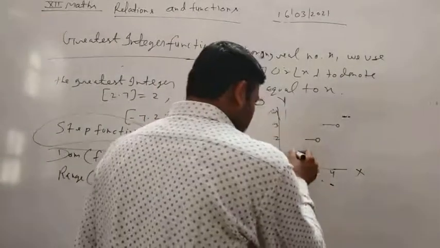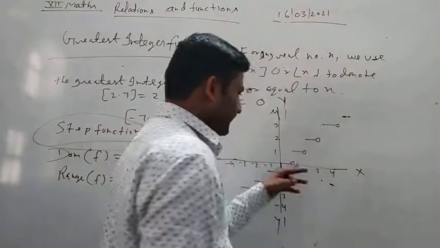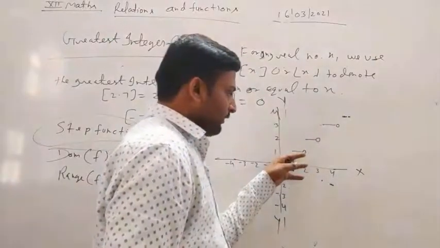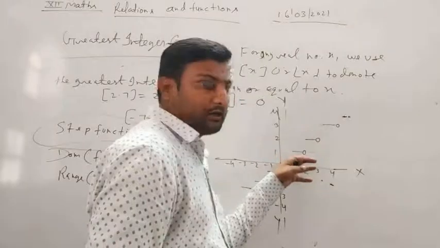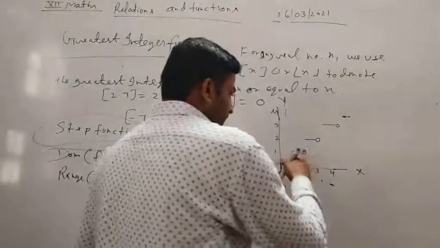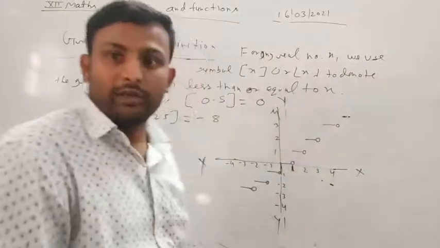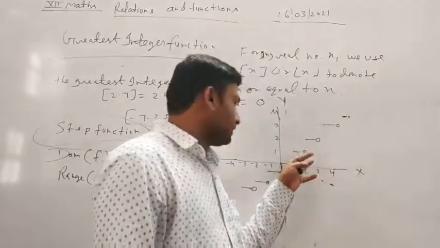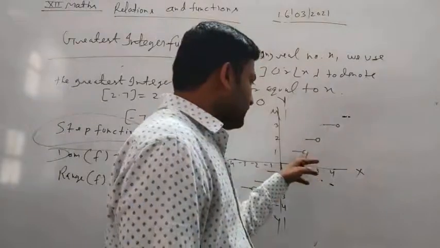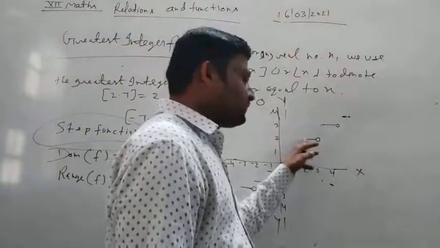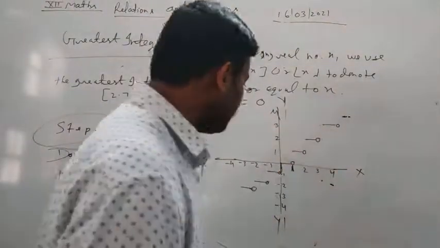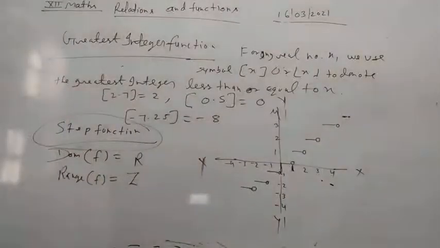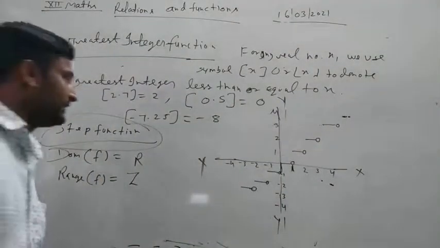So it jumps from here. So its value is here, not here. So for 1.1, 1.2, 1.3, 1.9, its value is 1. But at 2 again there is a hole, meaning there is nothing, so at 2 it is again 2. Similarly here. Okay students, so this is called our greatest integer function.